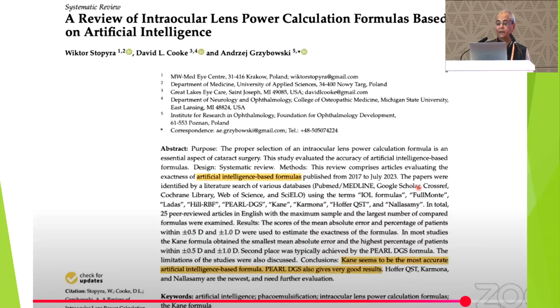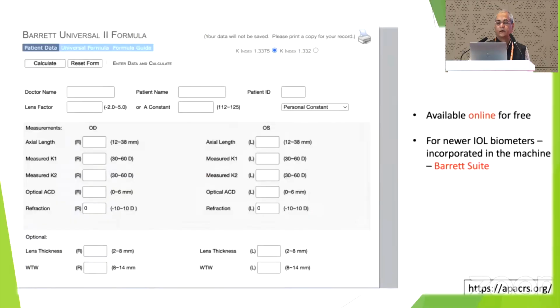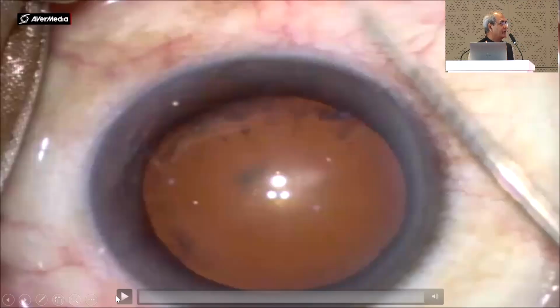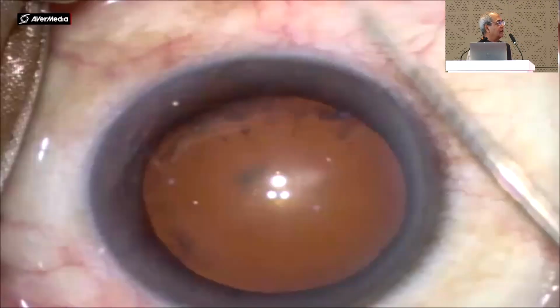In this study Kane seems to be the most accurate. This is an artificial intelligence based formula, but as the Barrett is easily available online, you can take that. When we are doing multifocal and trifocal lenses, we should not rely on only one formula. We can take 2 to 3 formulas and then take the result.